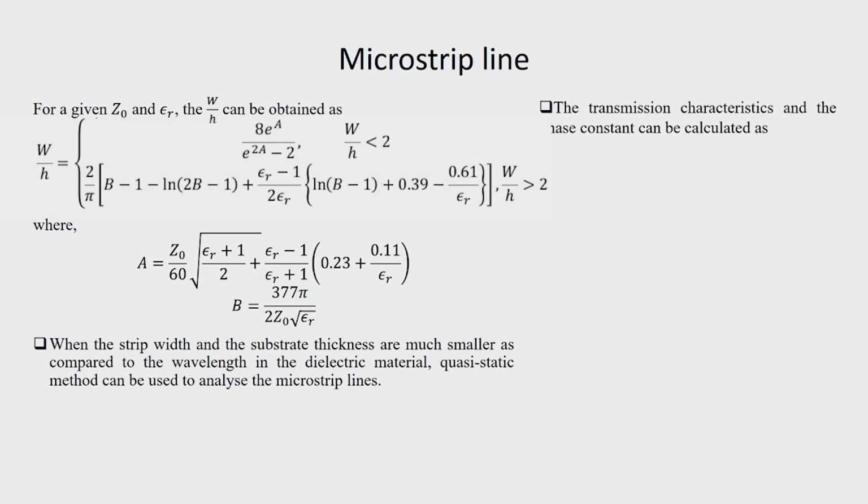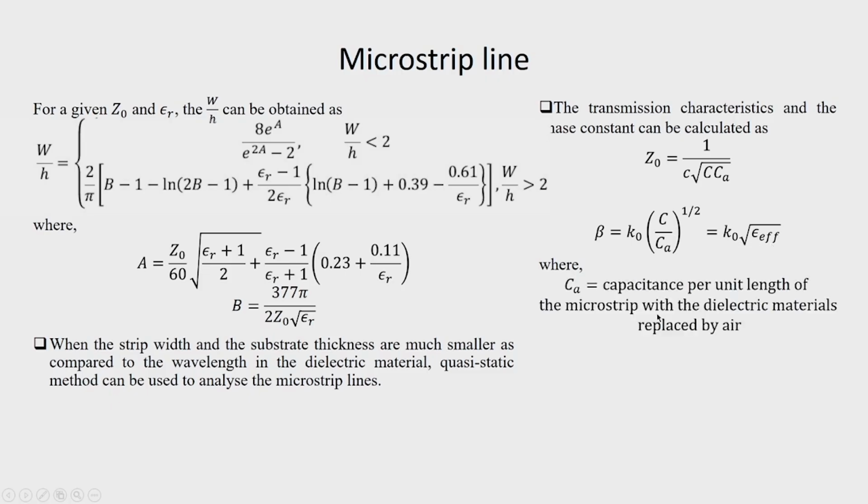The transmission characteristics and the phase constant can be calculated as Z naught is equal to 1 by c, the velocity of light, root of C Ca, and beta is equal to k naught square root of C by Ca, which is equal to k naught root epsilon effective.